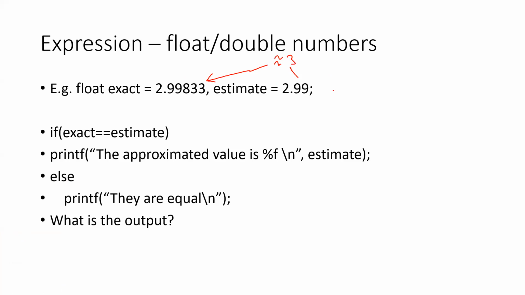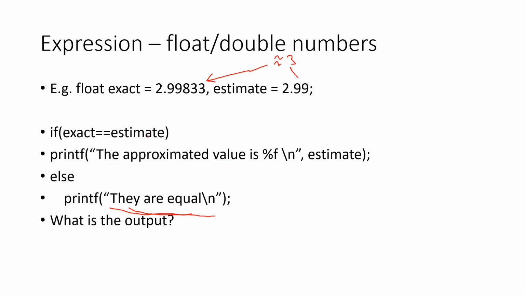By your opinion, this is close to 3, but in C programming, it's not equal. So this is the value, the output is right here. They are equal, but they are not equal.